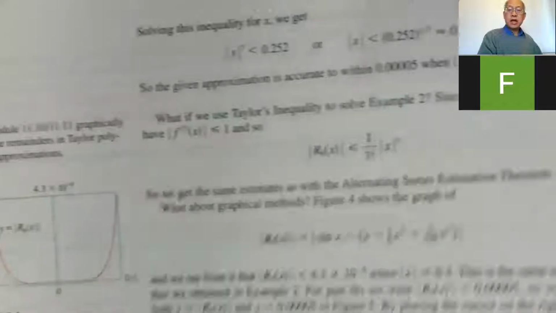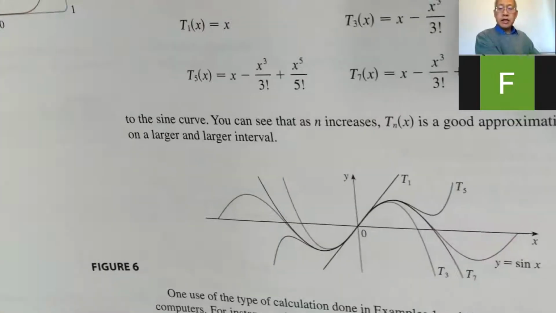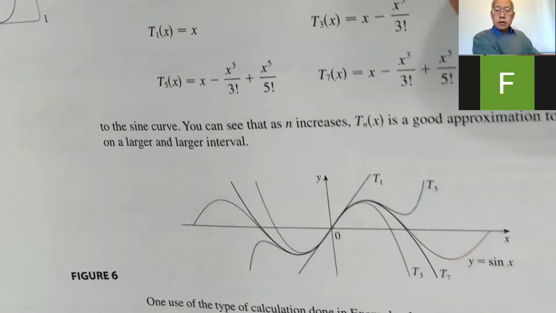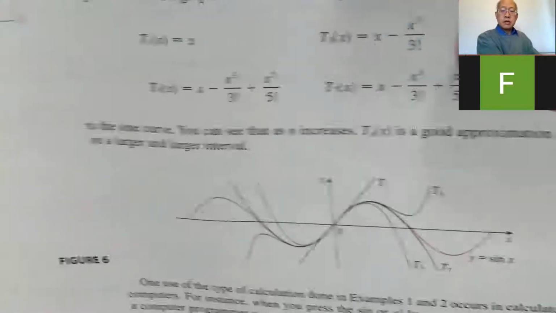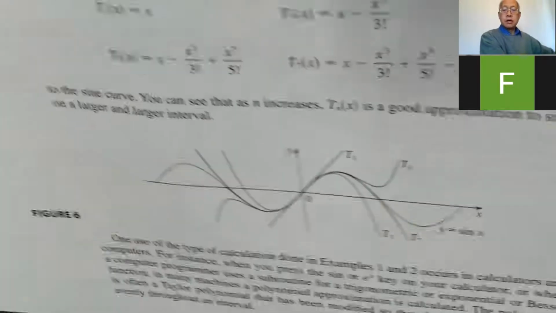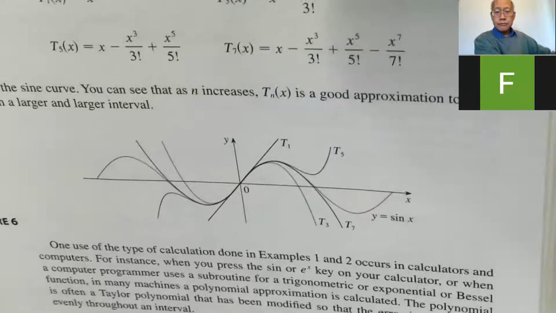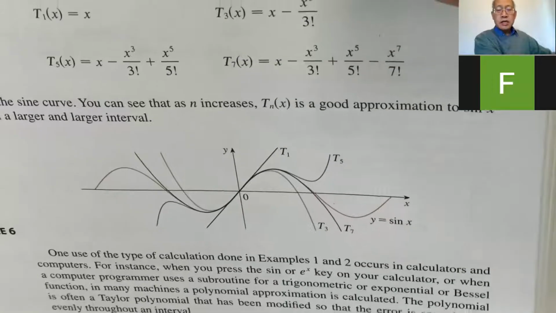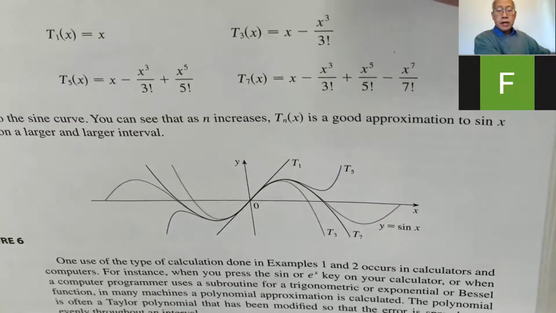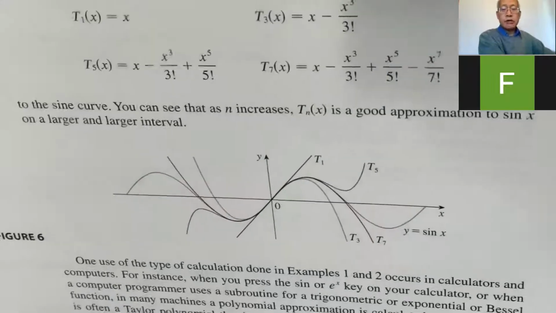Page 777, figure 6. I don't have any more hands because I have to hold up the book. But the red graph is the sine function. T1 is the tangent line. It happens to be y equals x.